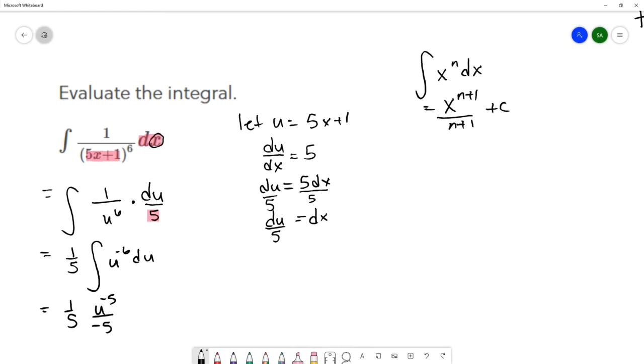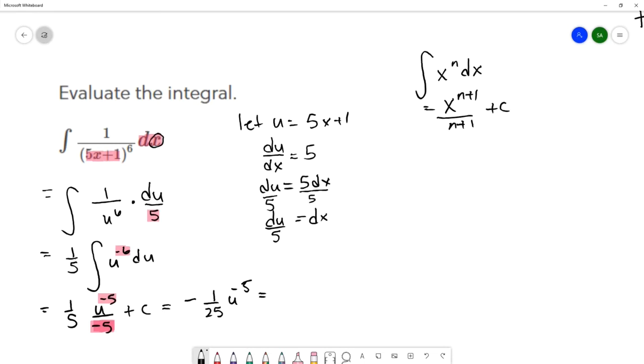So that's what I've done. I've taken -6 and I've added 1 and divided by that value. So this is going to be, got to have that plus c, and if we simplify, this is -1/25 u to the -5th.